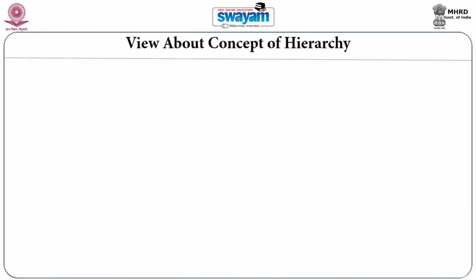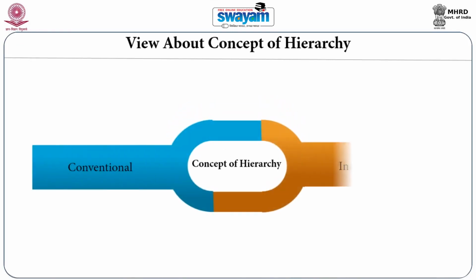In order to understand hierarchy, we can look at two views. There are two views proposed by the scholars. One view is conventional view. The other one is instrumental view. Let me discuss what are these views. Conventional view is based on Weberian notions of legal authority.